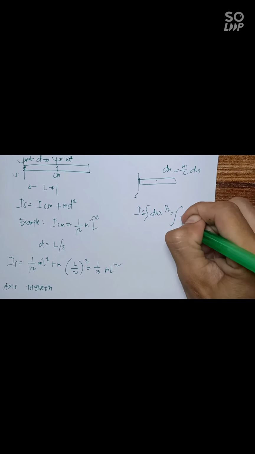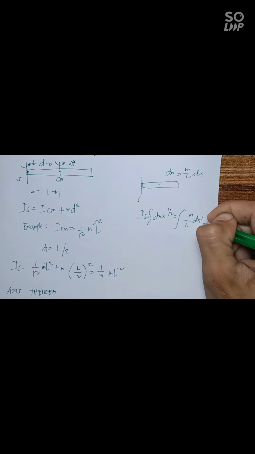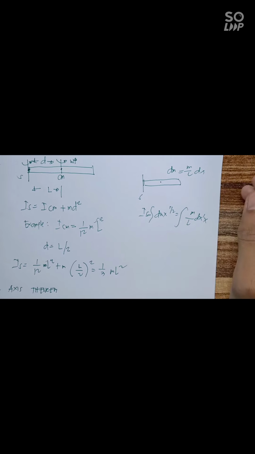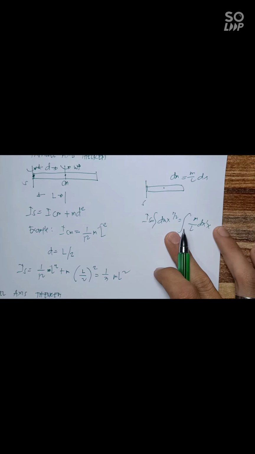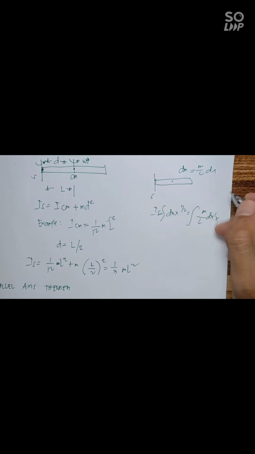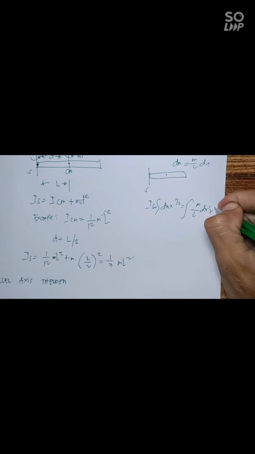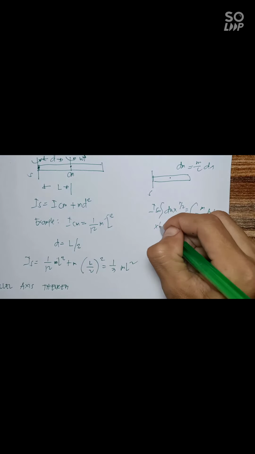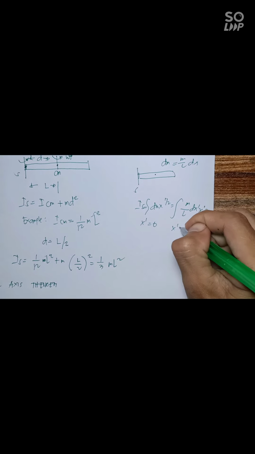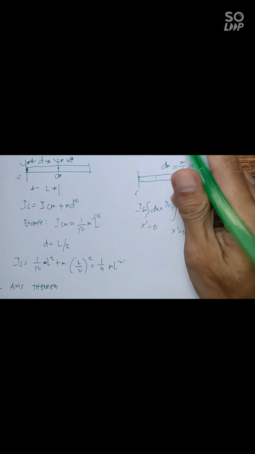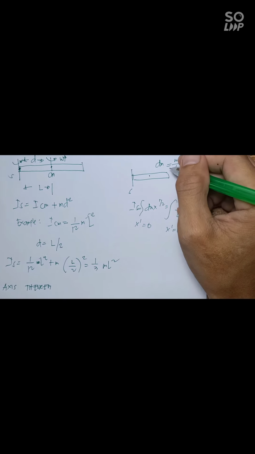Then the moment is dm times x squared, where x is our integration variable. x prime goes from 0 to x prime equals L. So we have for our dm, M over L dx prime. Remember, that's our integration variable. And we have x squared, so that is x prime squared.